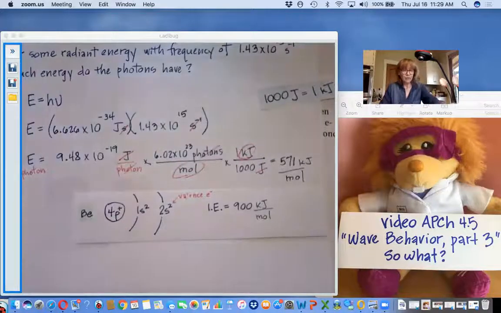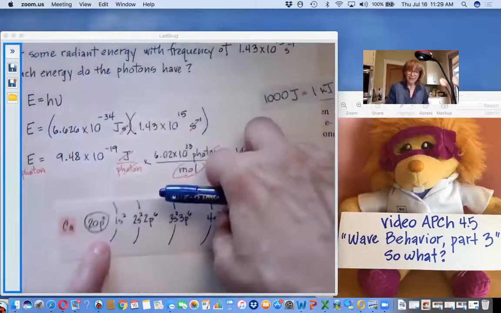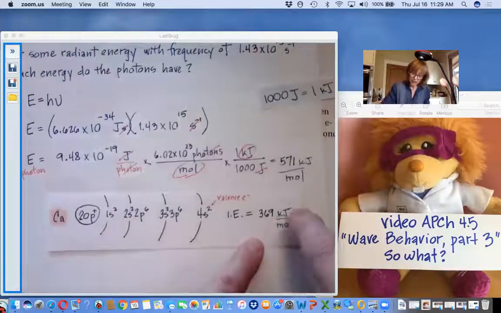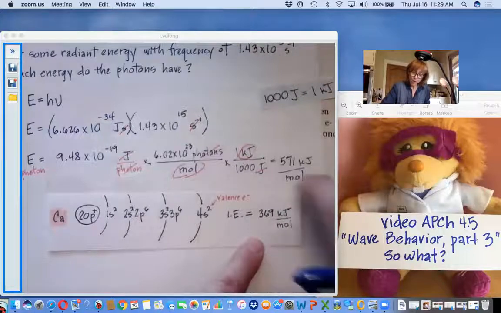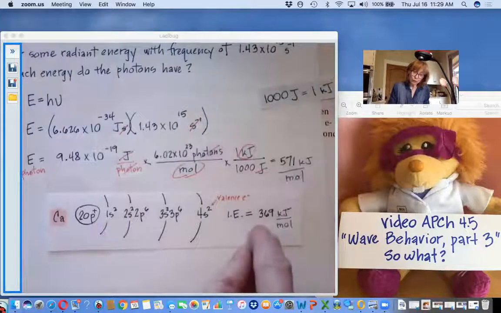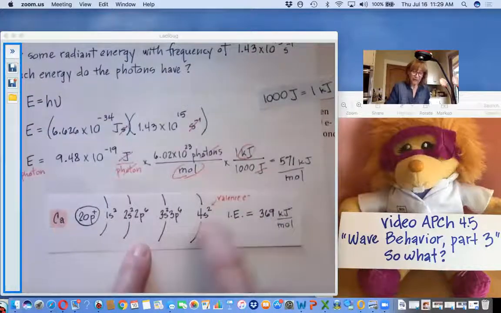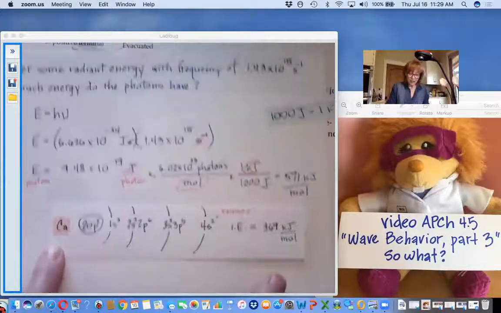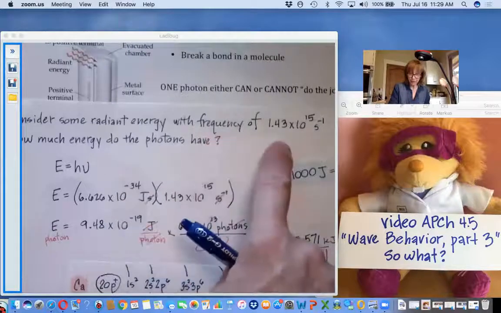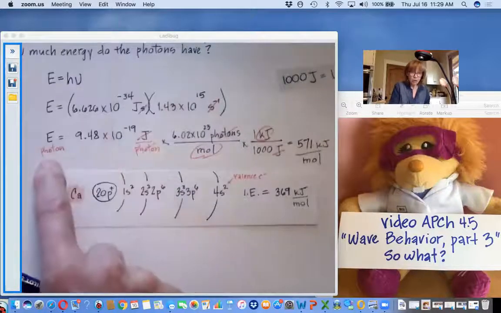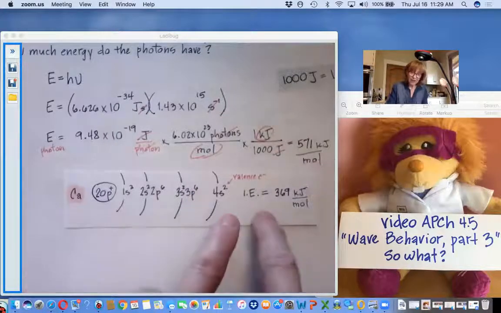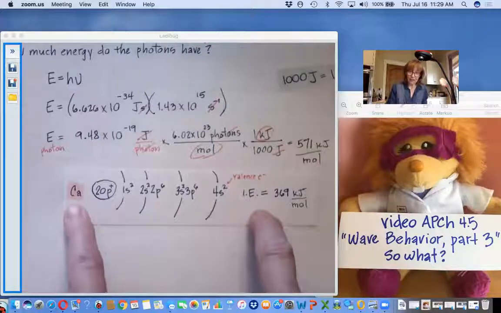But if the metal inside my device was calcium, whose ionization energy is 369 kilojoules per mole, a mole of my photons is sufficient to remove a mole of electrons from a mole of calcium atoms. So the radiant energy that I'm considering here, the mole of photons, has enough energy to ionize a mole of calcium.